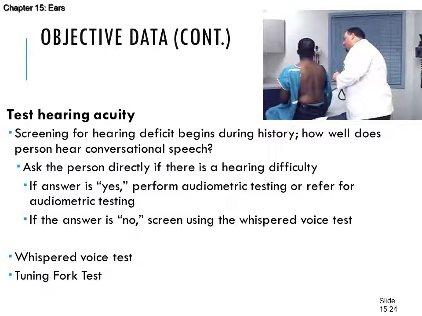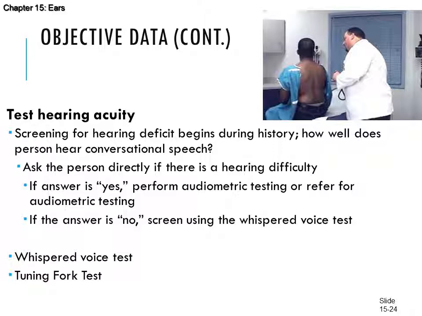Then, in the other ear, you speak three letters or words, not necessarily in it, and the patient should be able to repeat them back to you correctly. That would be the whisper voice test.